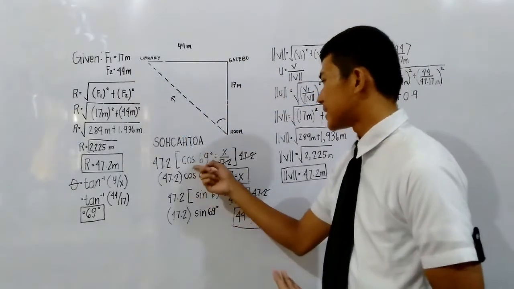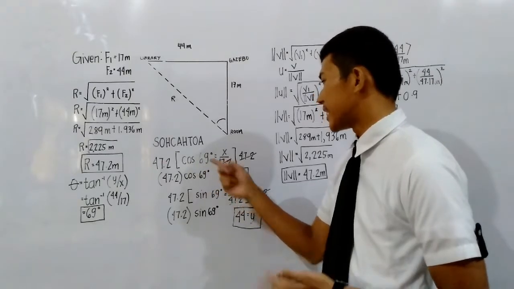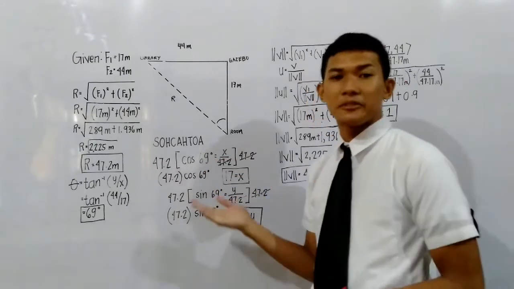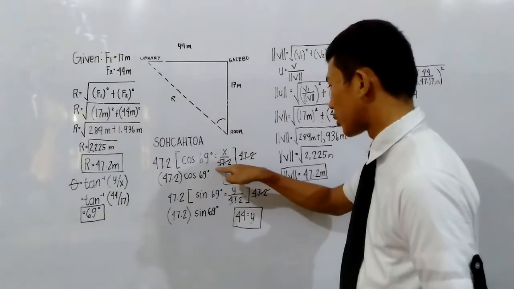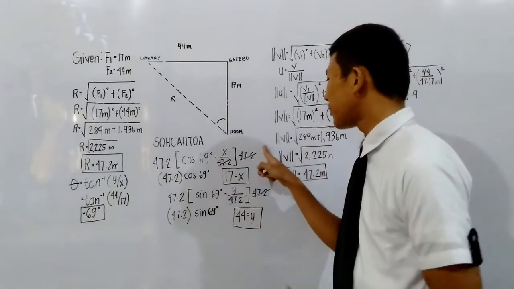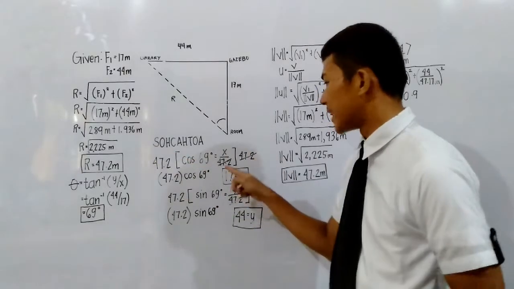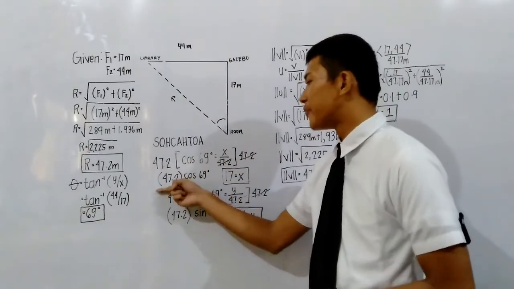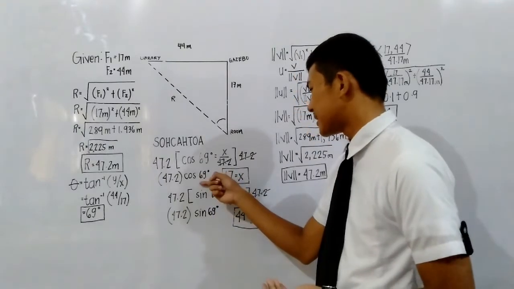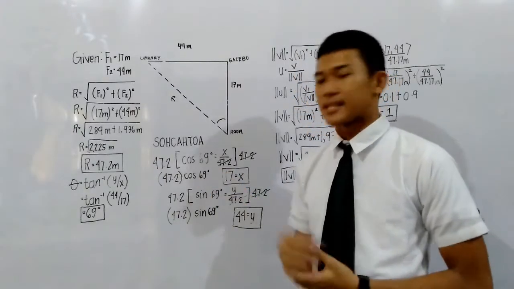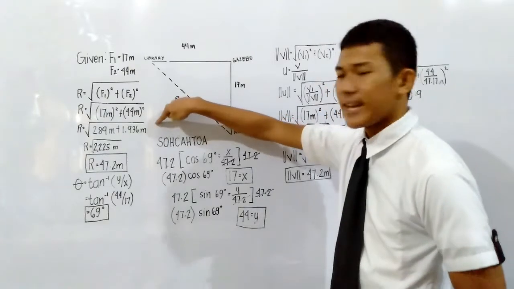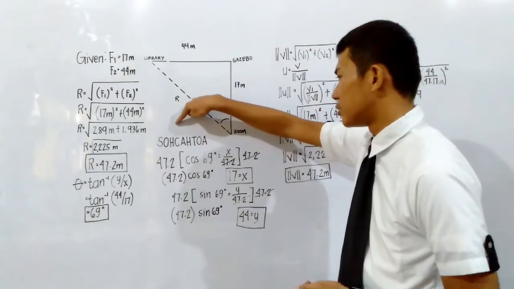So cosine 69 degrees is equal to x over 47.2. So we need to get rid of our resultant vector, which is 47.2. We multiply both sides, cancel, and we have 47.2 times cosine 69 degrees, and our x is 17.